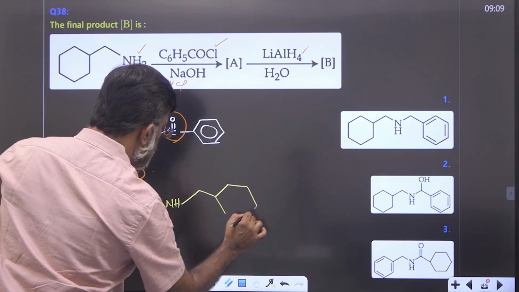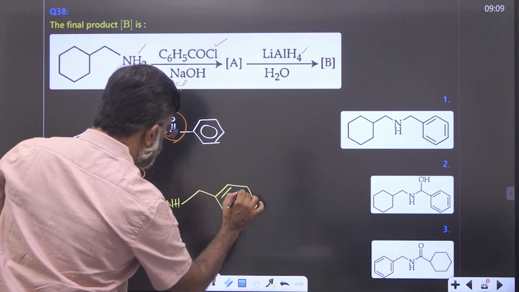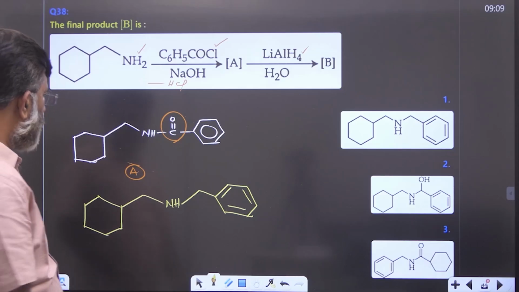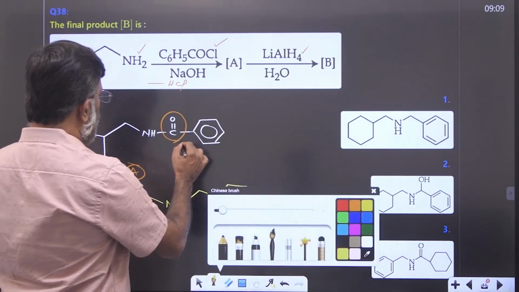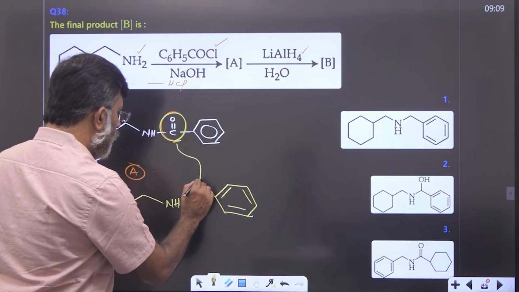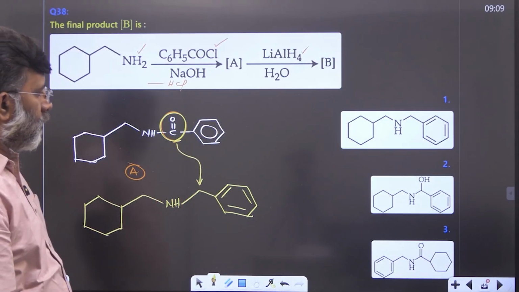This is the final molecule. Nothing but this CO group will be reduced to a CH2 group.